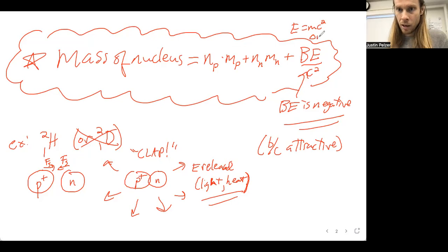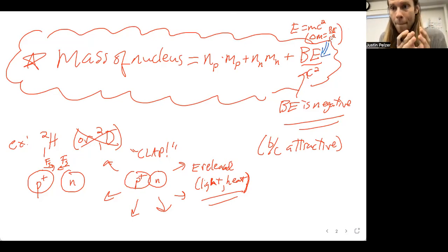sometimes they call that delta M equals binding energy over c squared. Sometimes this is referred to as a mass deficit. I might use that term at some point. This is the difference in mass caused by the fact that they're together.